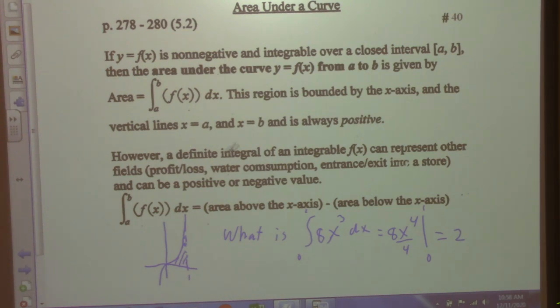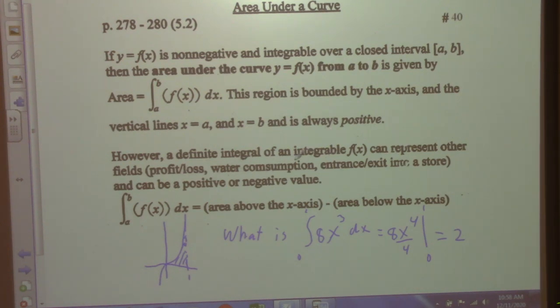And I bring that up at this time because that's exactly what we're talking about: the area. It says from a to b, and I have written down here from 0 to 1, and f of x is 8x cubed. The region is bounded by the x-axis and the vertical lines x equals a and x equals b, and that is always positive above the line.